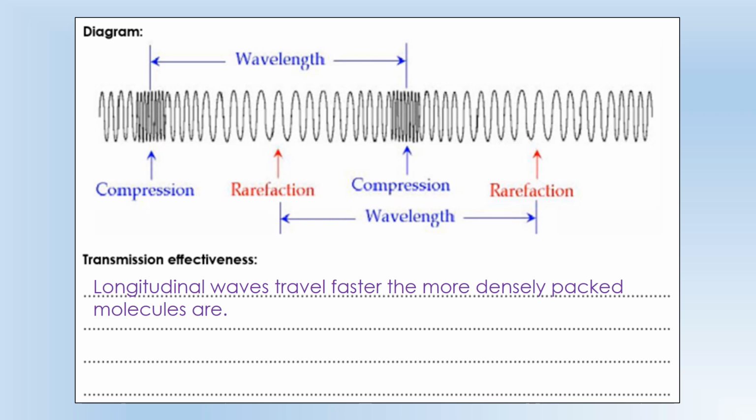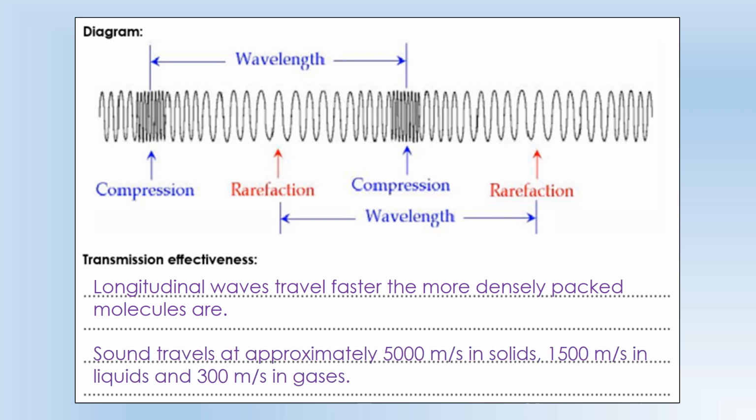And what that means is they travel fastest in solids and slowest in gases. To give you some examples of the kind of speeds we're talking about, in a solid, sound can travel about 5 kilometers per second, whereas in a gas it can only go about 300 meters per second, and somewhere in between for liquids. And we do need to know these approximate speeds of travel in the different media.